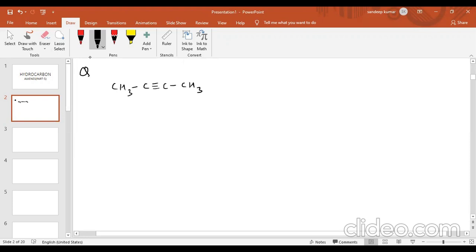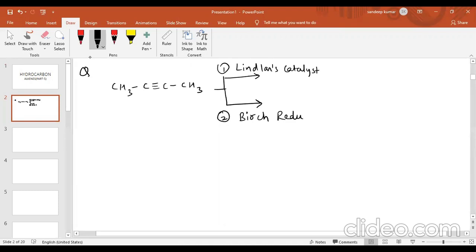So this compound is given, and two possibilities for this reaction are given. In the first step, the catalyst given is Lindlar's catalyst, while in the second step the reagent given is Birch reduction.